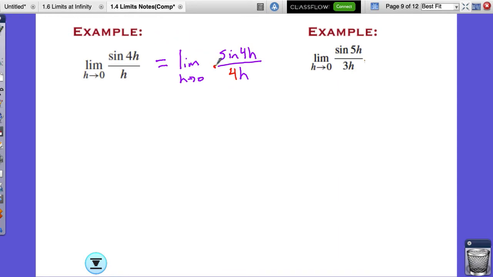So I counteract that by multiplying by a 4 in front, or a 4 on top, because essentially I've just multiplied by 1. And so when we do that, we know that the limit of 4 is 4, and the limit of this part is 1, and so my answer is going to be 4.